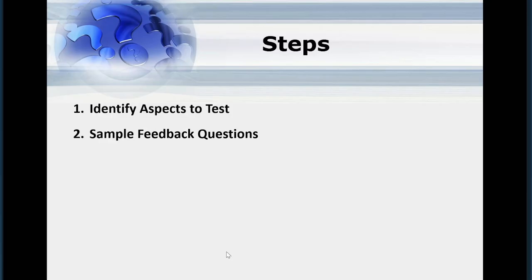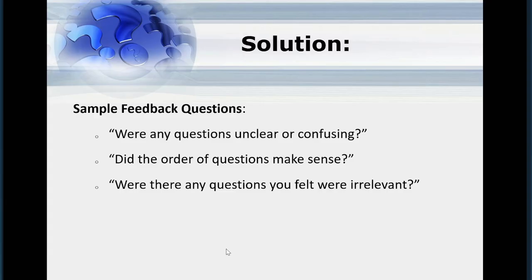Did the order of the questions make sense? Were there any questions you felt were irrelevant?" Targeted feedback questions help identify specific areas for improvement, enhancing question relevance and response accuracy.